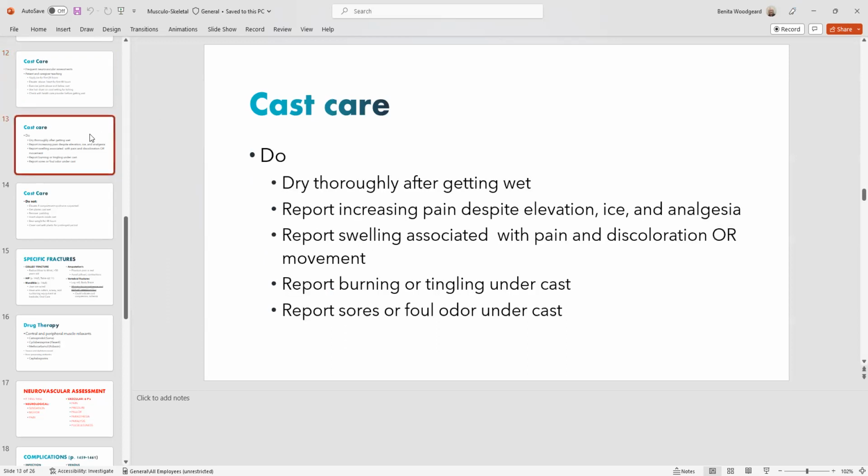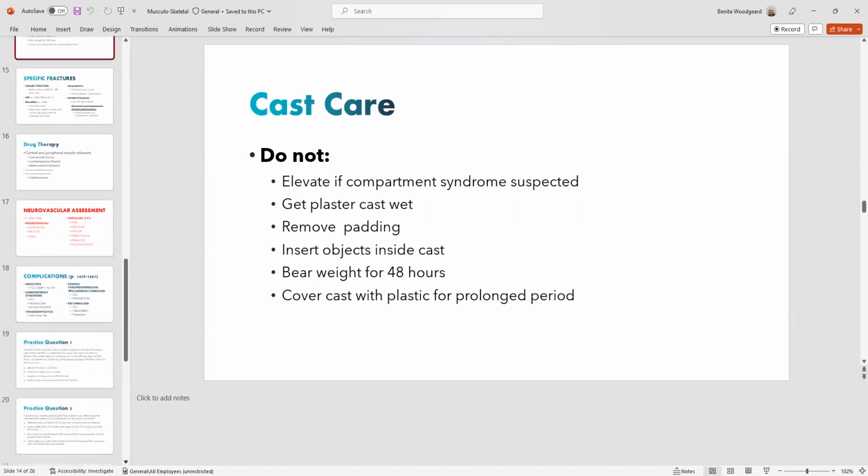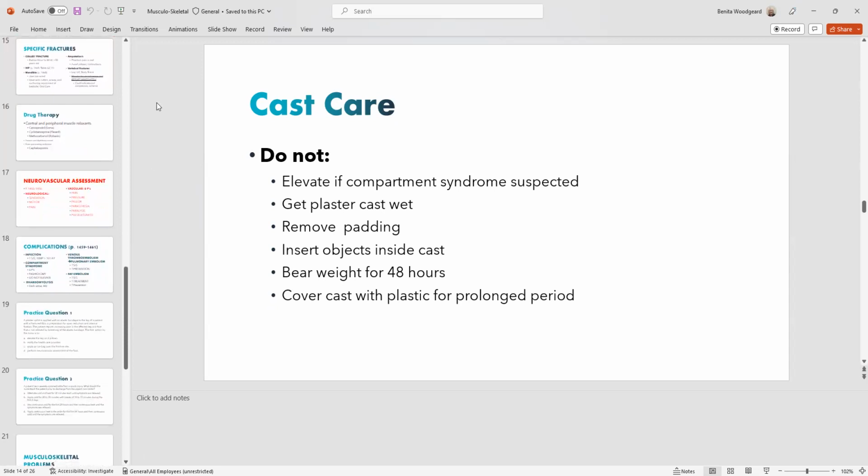This is what you want to do when you have a cast on. And this is what you do not want to do. What would be most dangerous or worst with all these casts is if you suspect any kind of decreased neurovascular circulation.